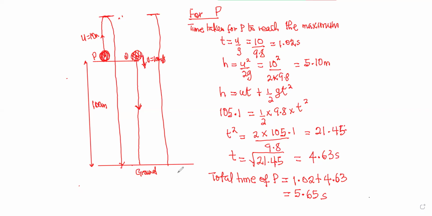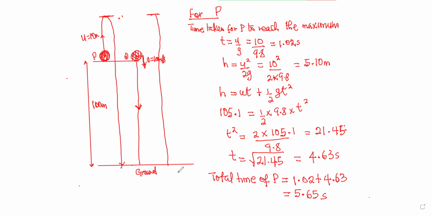This is the time that will be taken for P to move from the point of projection to the maximum height and fall to the ground. Is that understood by all?